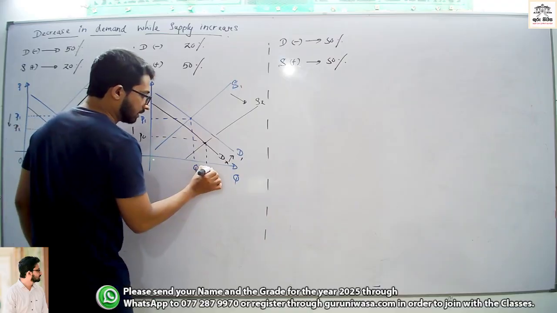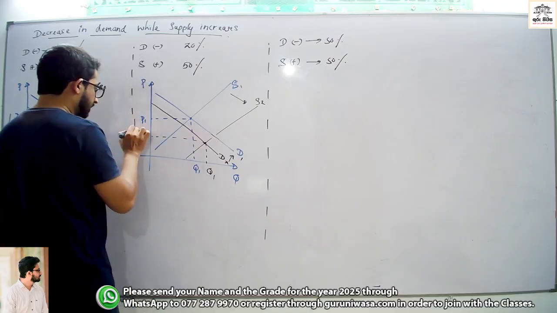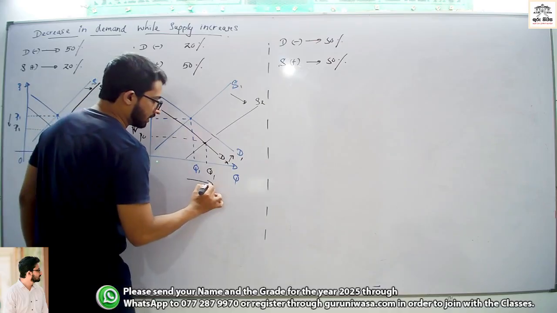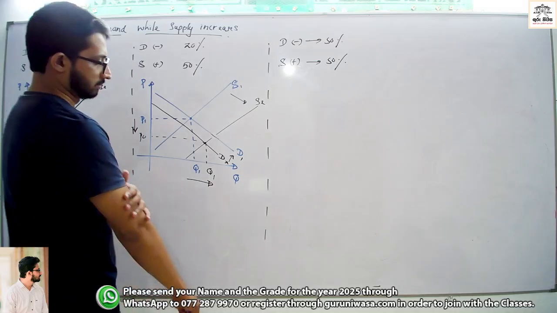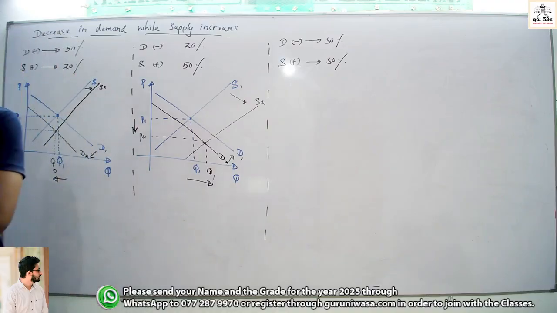P0, Q1. Equilibrium price falls and quantity increases.